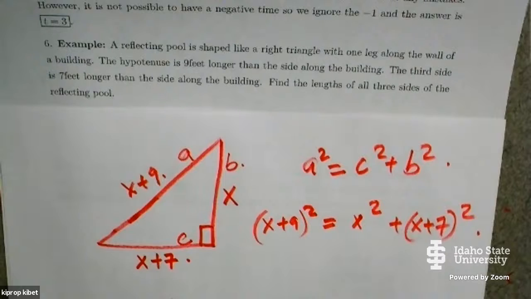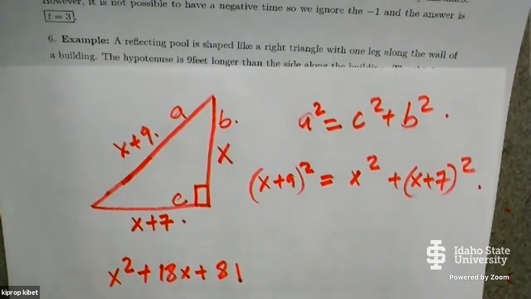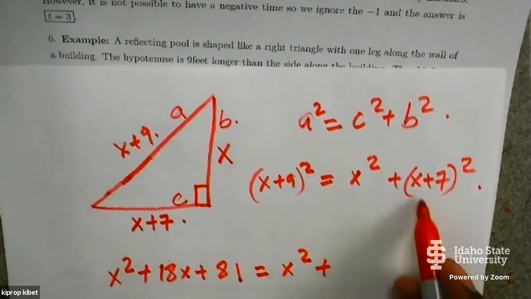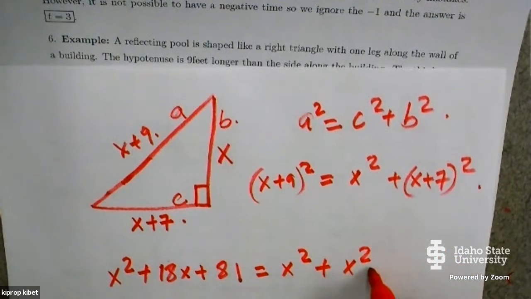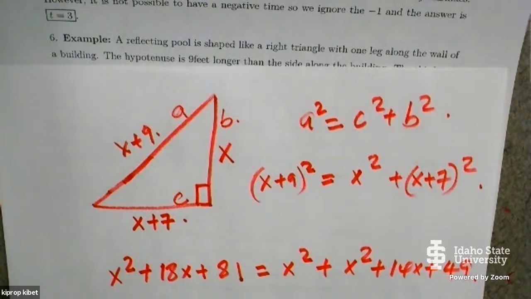So when you expand, you get x squared plus 18x plus 81 equals x squared plus 14x plus 49.